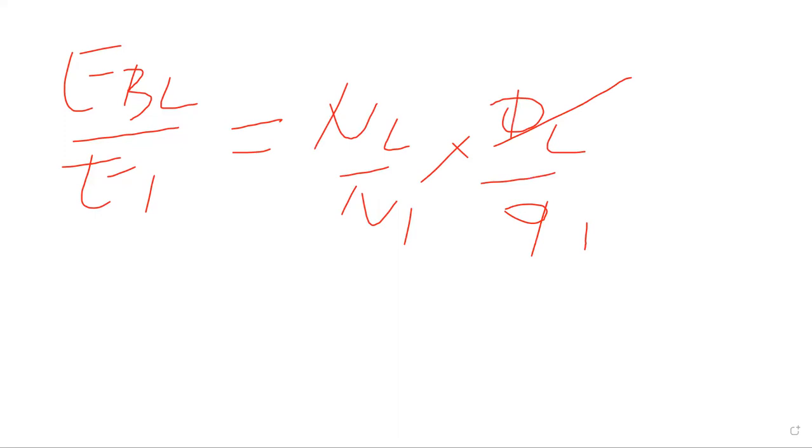EB2 divided by EB1, this one is load and no load. EB2 is the back EMF when it is loaded. EB1 is the back EMF when it is unloaded, right?